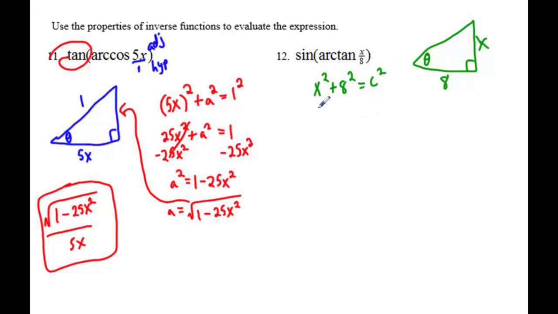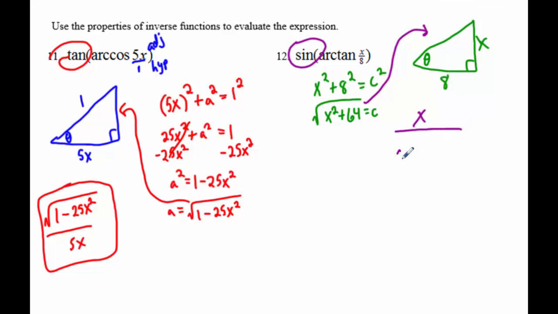This time I don't have to subtract anything, so I can square root both sides and change the 8 squared to a 64. And that's my missing side up here: the square root of x squared plus 64. Sine is opposite over hypotenuse, so that's x over the square root of x squared plus 64.